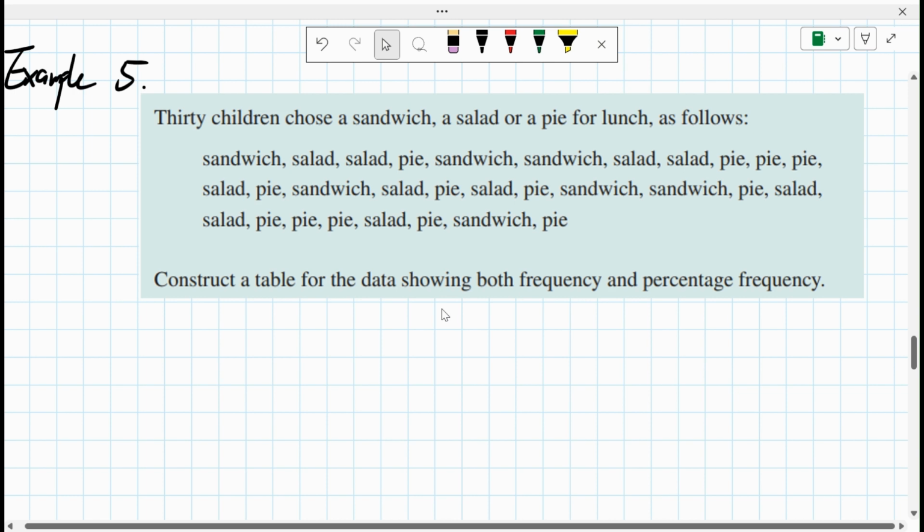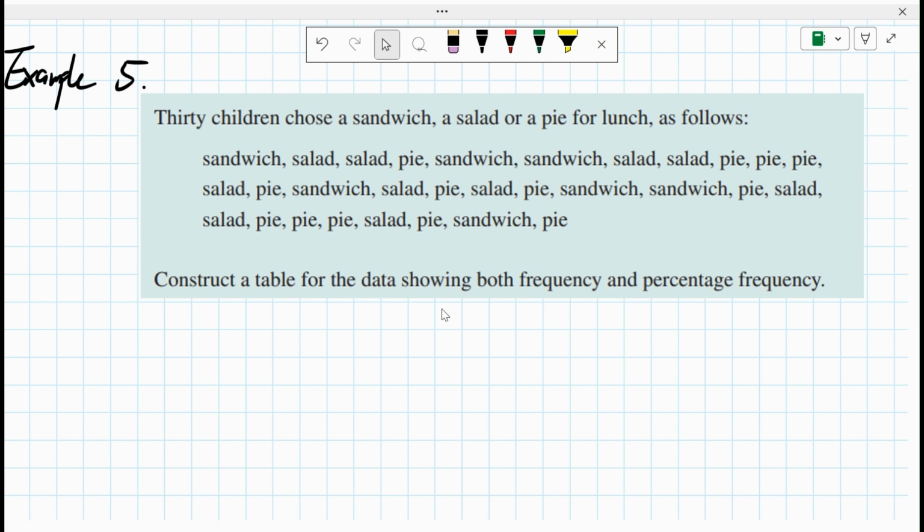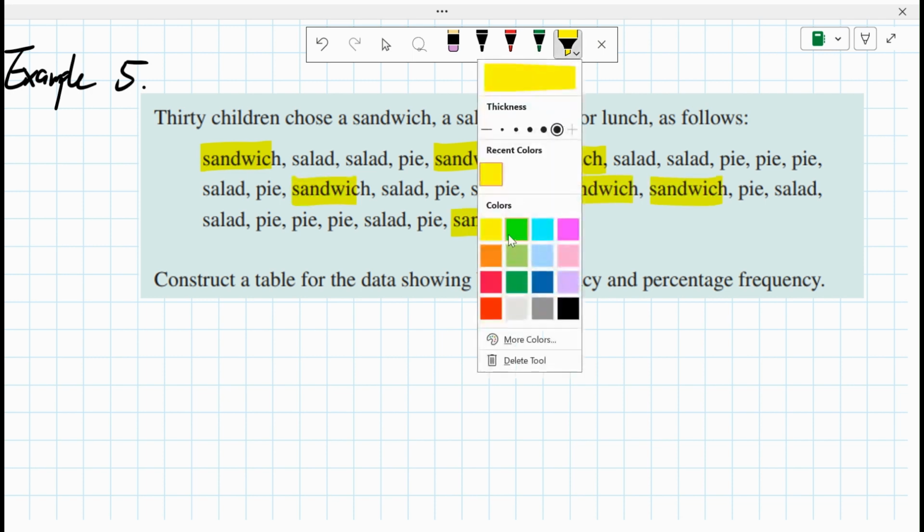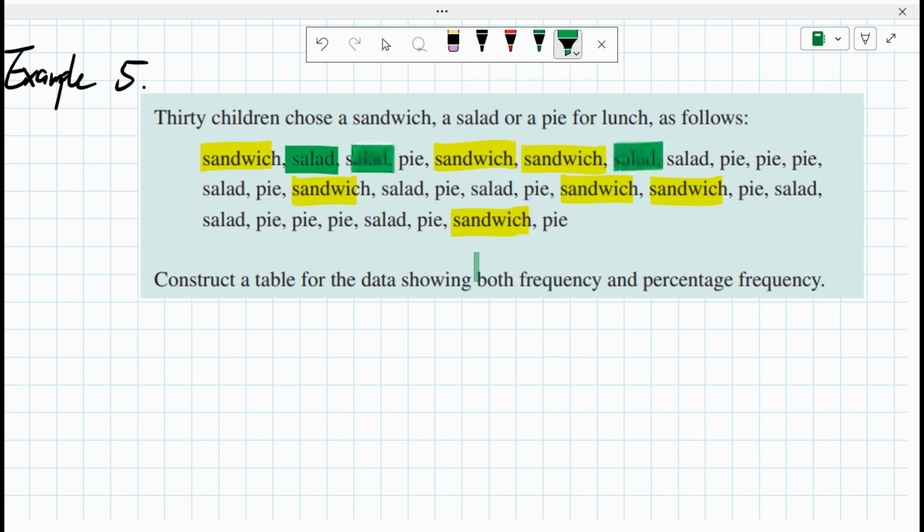Okay, let's have a look at this one. Let's create a table. The children are choosing a sandwich, a salad, or pie for lunch, which is the following. How many in total? Actually, I have no clue, but we can highlight it. Sandwich, seven of them. A salad, I'm going to use green, ten of them.